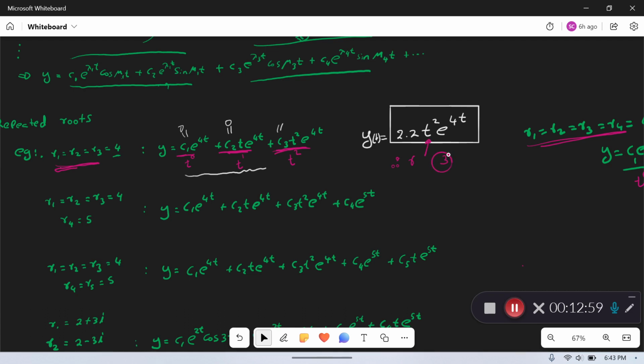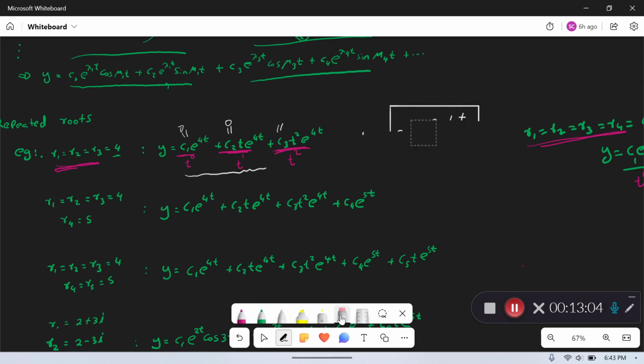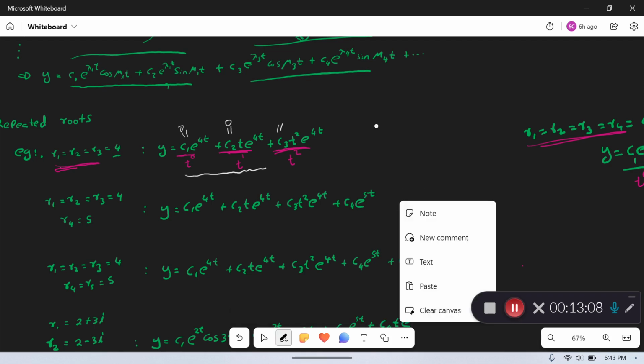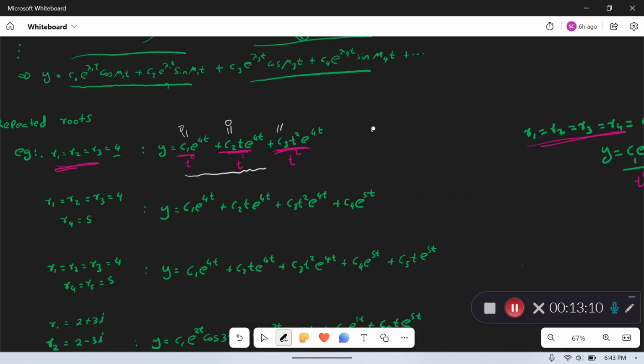Now, how about this? What if we have something like this: y(t) equals, let's say, 2.2 t e^(4t). Earlier what I wrote was y(t) equals 2.2 t^2 e^(4t).